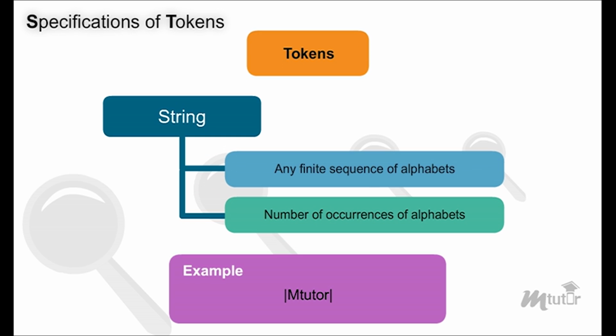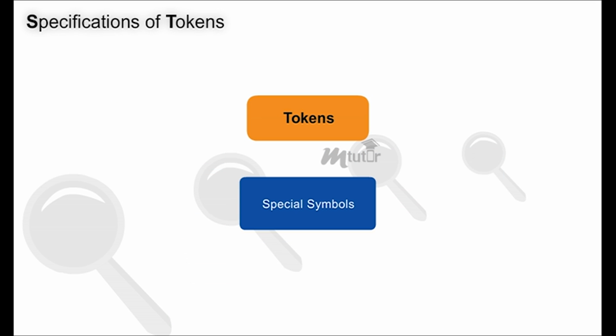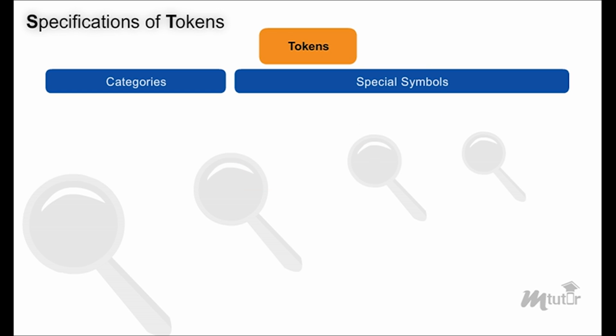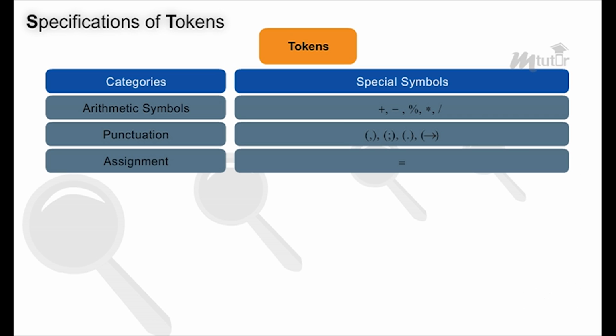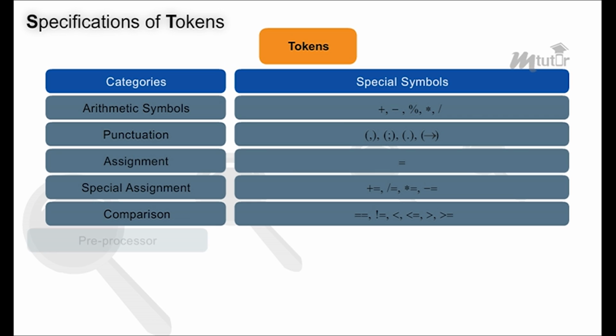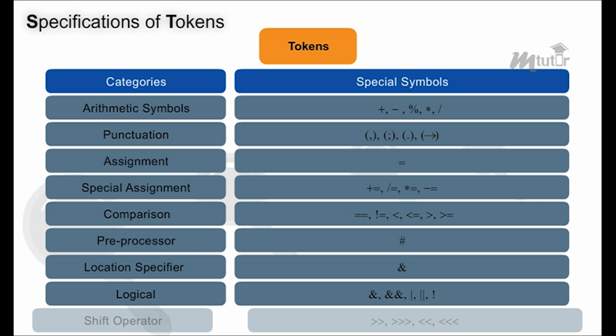For example, the length of the string mtutor is 6 and it is usually written as shown. A string having no alphabets is known as an empty string, which is denoted by epsilon. Special symbols. The source code also contains special symbols which are arithmetic symbols, punctuation, assignment, special assignment, comparison, preprocessor, location specifier, logical, and shift operator.